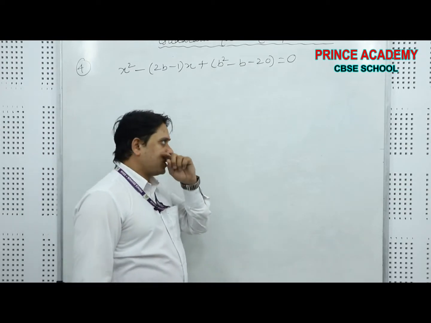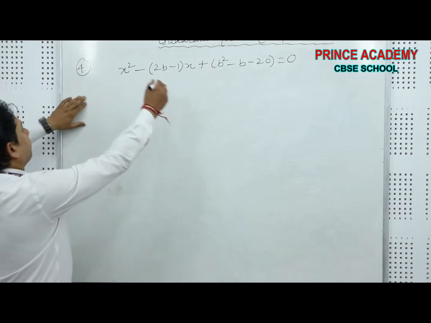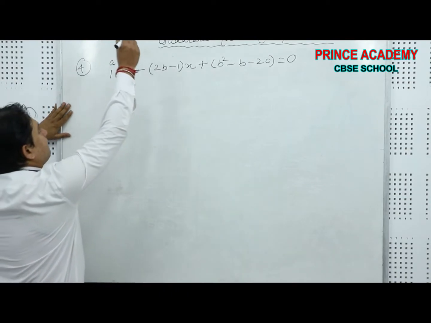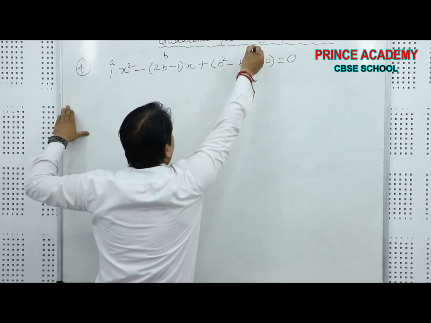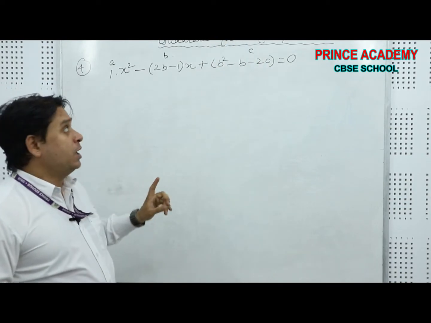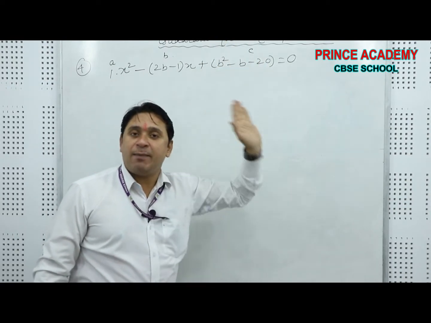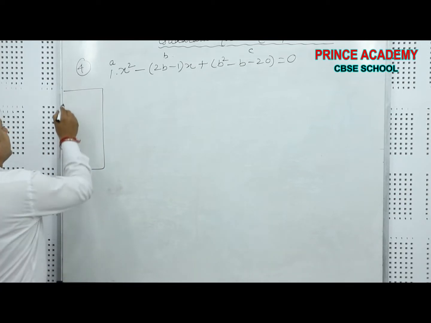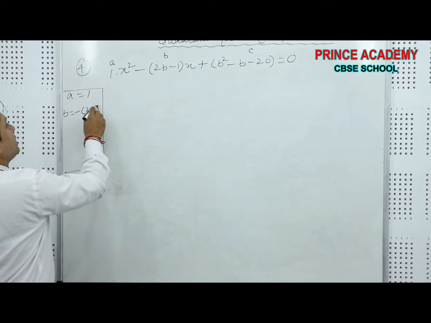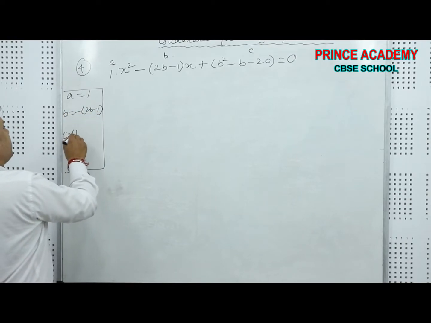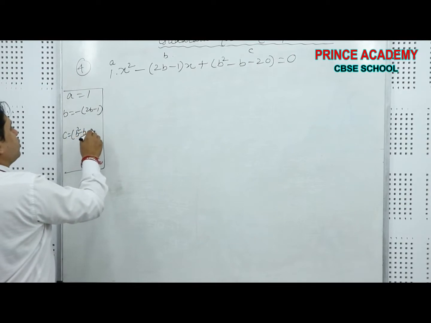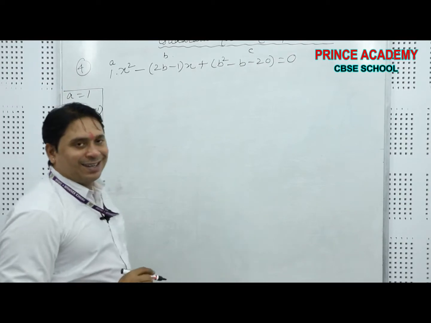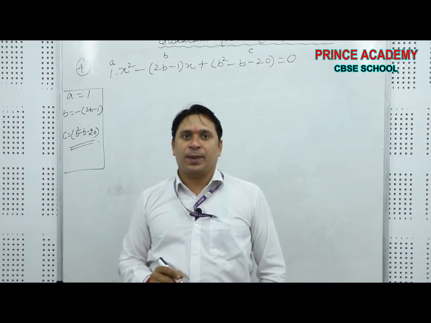Okay, see, a, b, c, yes or no? The values of a, b, c coefficients are clear here. I am writing here, a is 1, b is minus 2 into b minus 1, and c is b square minus b minus 20. These are the three coefficients we got from the equation.